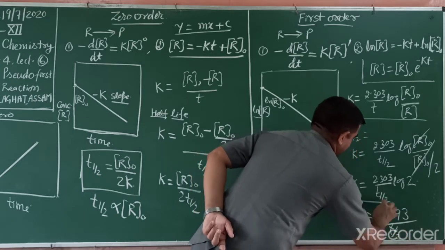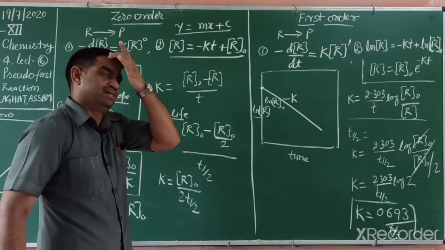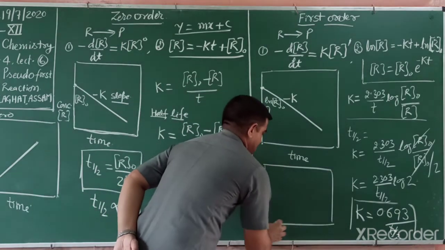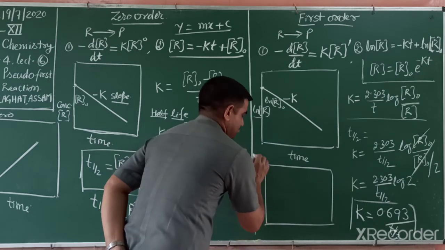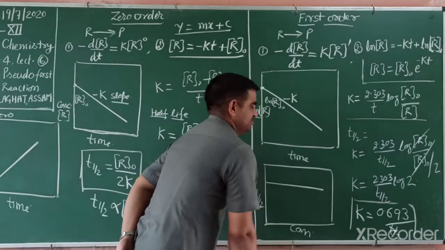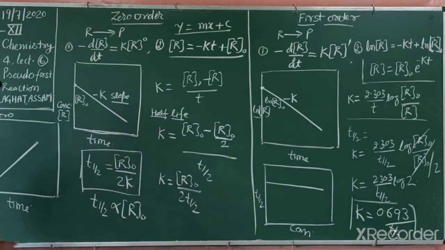Or we can say half-life for a first order reaction is independent of concentration. If we plot a curve of half-life and concentration, with t half as time on this side and concentration on this side, then it is a constant. In this way, you can write time on this side and concentration on that side.